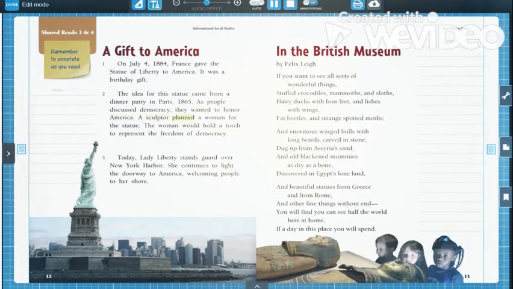A sculptor planned a woman for the statue. The woman would hold a torch to represent the freedom of democracy. Today, Lady Liberty stands guard over New York Harbor. She continues to light the doorway to America, welcoming people to her shore.